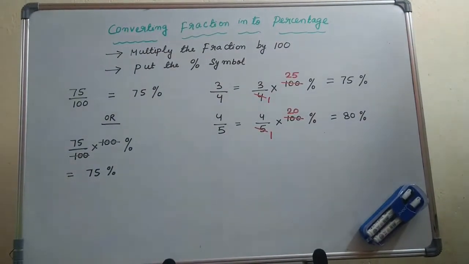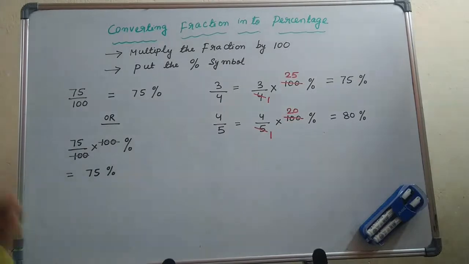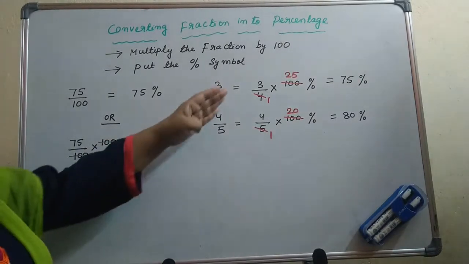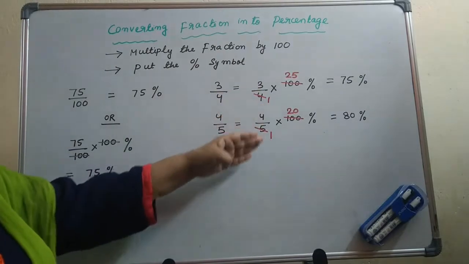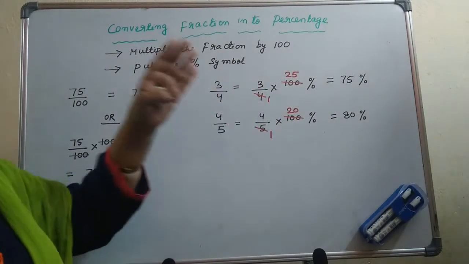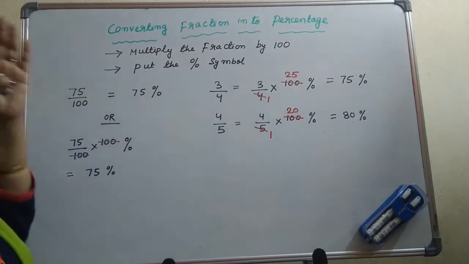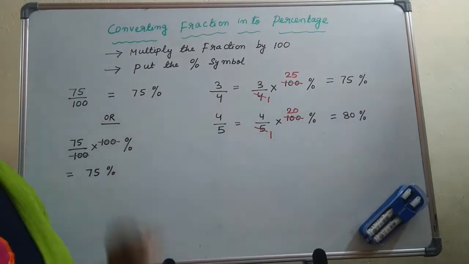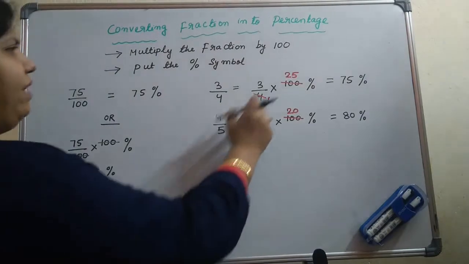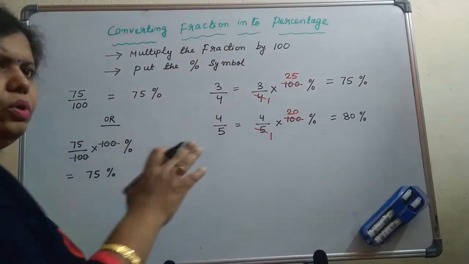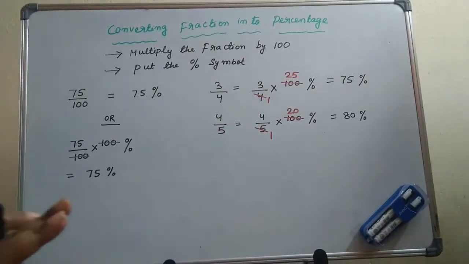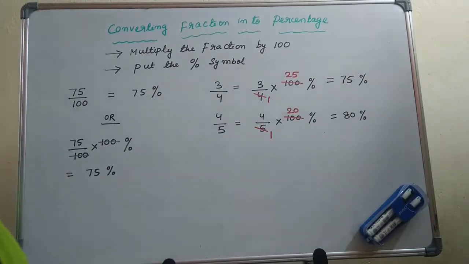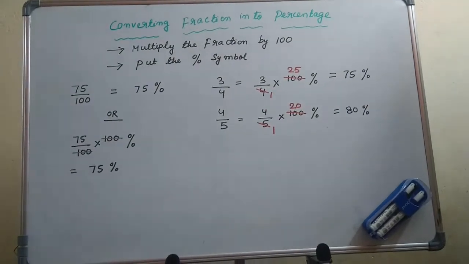Now suppose I have a fraction where, see, these are easily getting solved. Why? Because it is easily cutting. Suppose I have a denominator in a fraction which is not divisible by 100. See here, 4 and 5 were able to divide 100. But suppose I have some other number.